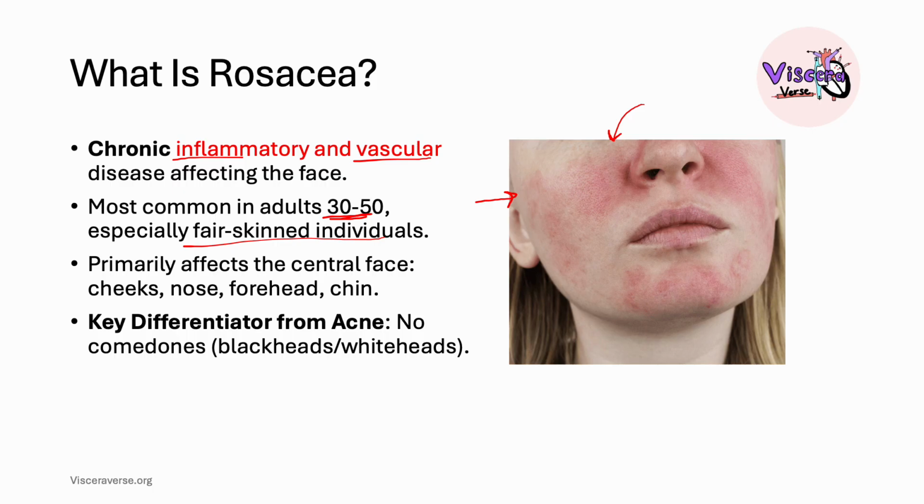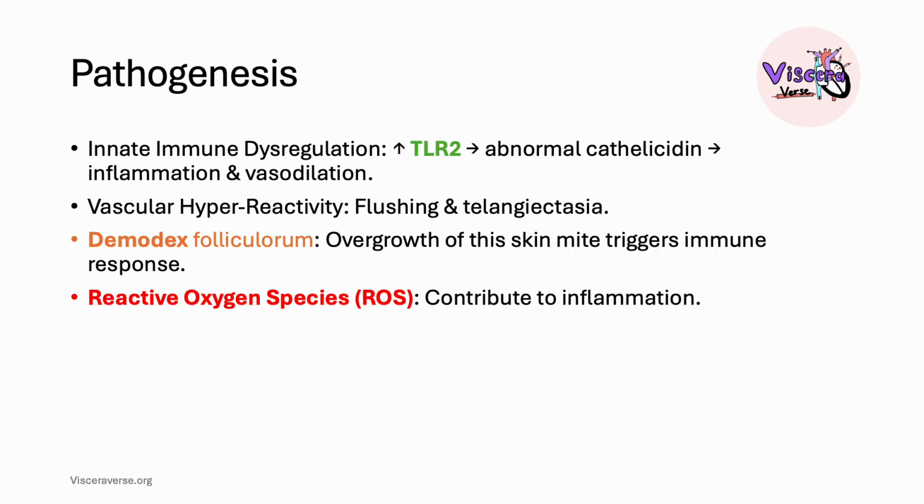It primarily affects the central face, including the cheeks, the nose, the forehead, which we don't see here, and apparently the chin. The key differentiator from acne is that there are no comedones, blackheads or whiteheads in rosacea, as compared to acne.